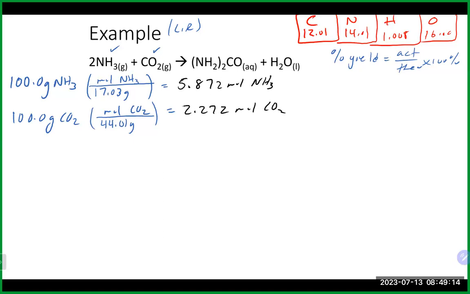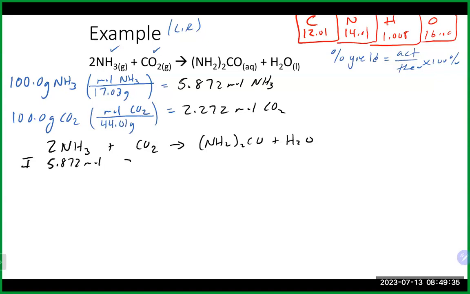So once again here, if we take our equation, and we'll take our initial moles here. So this is going to be 5.872. This will be 2.272. And once again, here we're going to zero out our products to begin with.